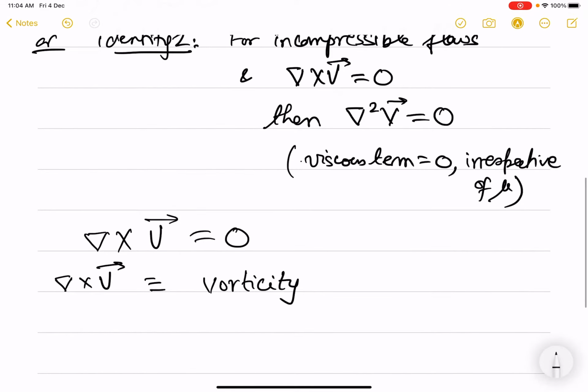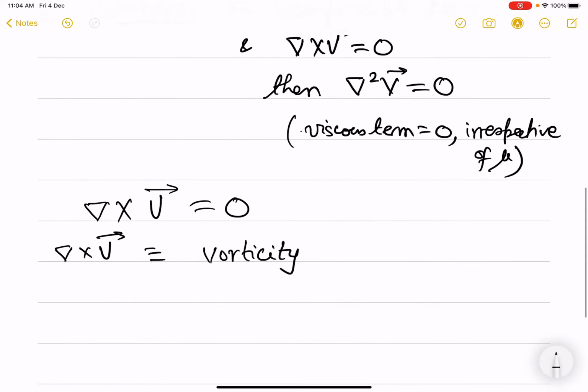In fluid mechanics, vorticity will have a very important role, and we use the symbol omega with a vector sign for vorticity. Some textbooks use the symbol Z for vorticity.